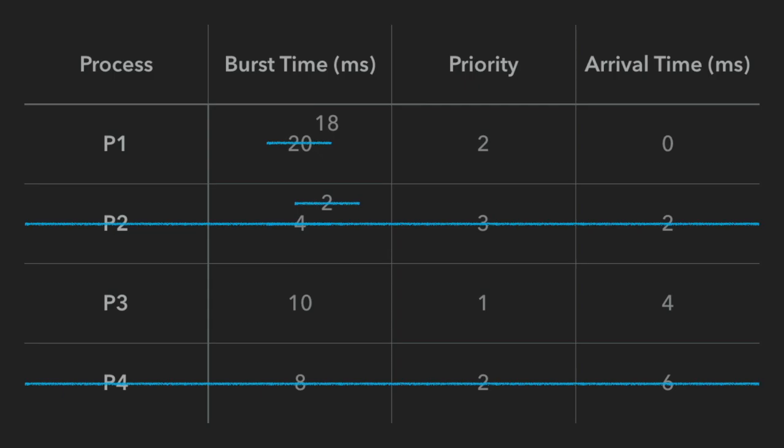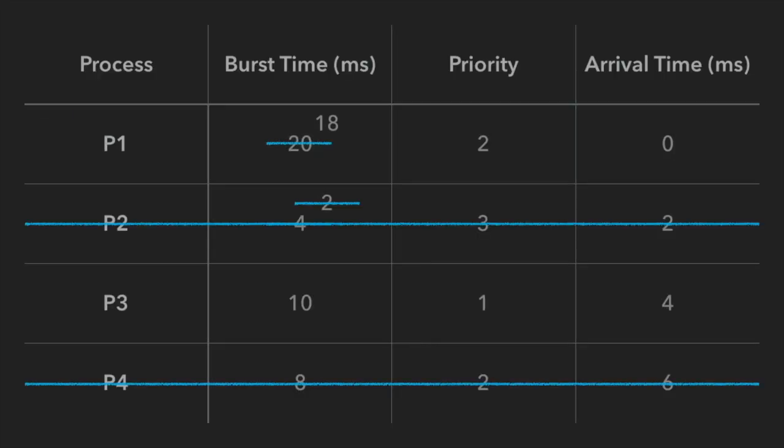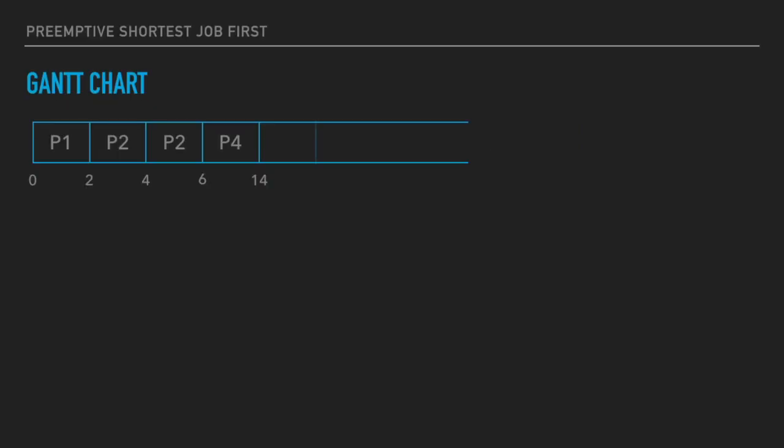Now, there are only 2 more processes left to be executed, which are P1 and P3, with burst times of 18 and 10 respectively. So P3 has the shortest burst time at 10, which means P3 will be executed next, as you see here. Did I go too fast?